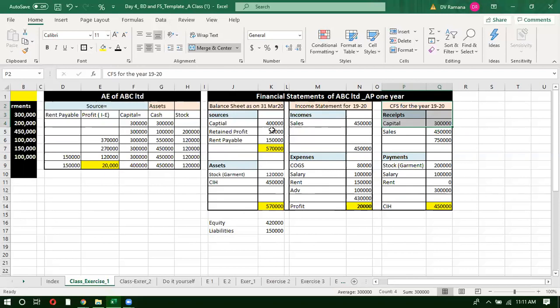And the balance sheet will show the financial position as on a particular date. So this balance sheet will show assets on a particular date, which is 31st March, supported by the corresponding sources, and the sources are capital, retained profit, and other liabilities. In other words, the sources are equity and liability. So whether we prepare through equation or through the financial statement, we end up getting the same profit.